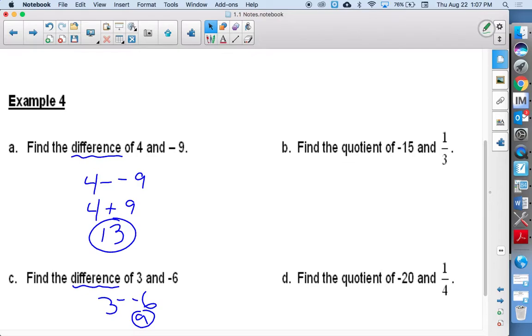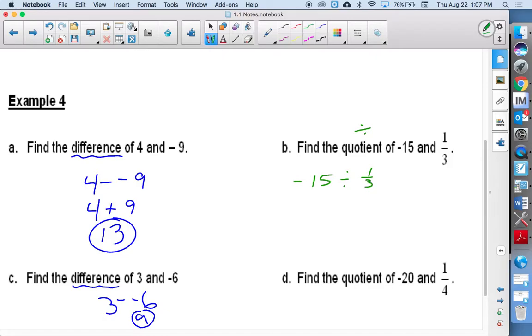B. Find a quotient of negative 15 and 1/3. What does quotient mean in math, Denise? Huh? What does quotient mean in math? Divide. Alright, so we're actually going to have negative 15 divided by 1/3.